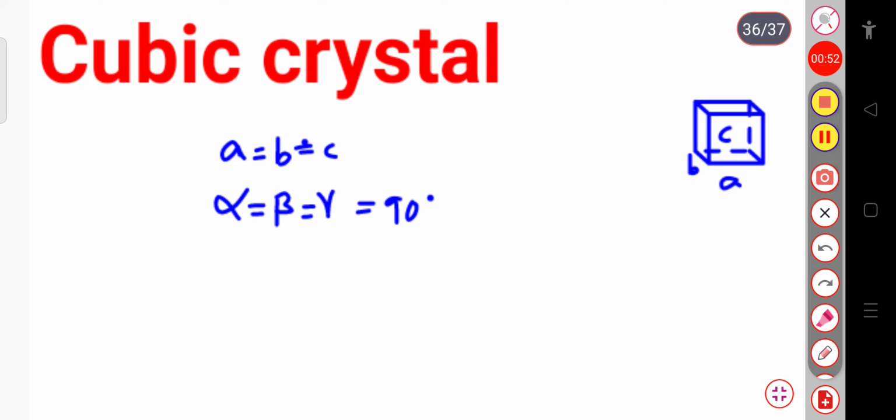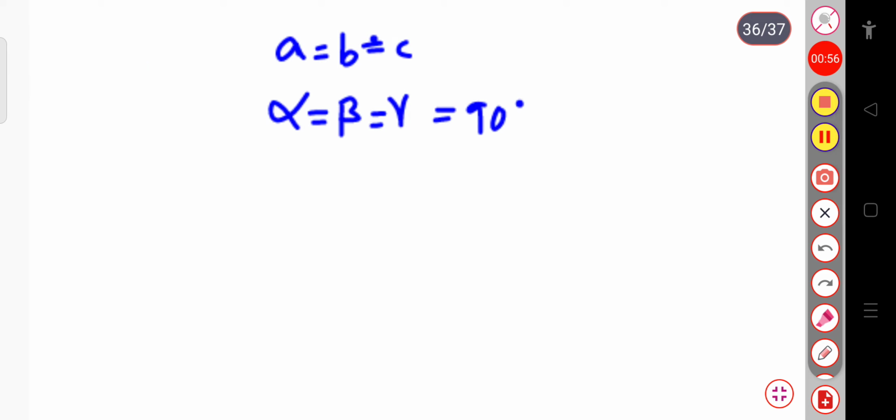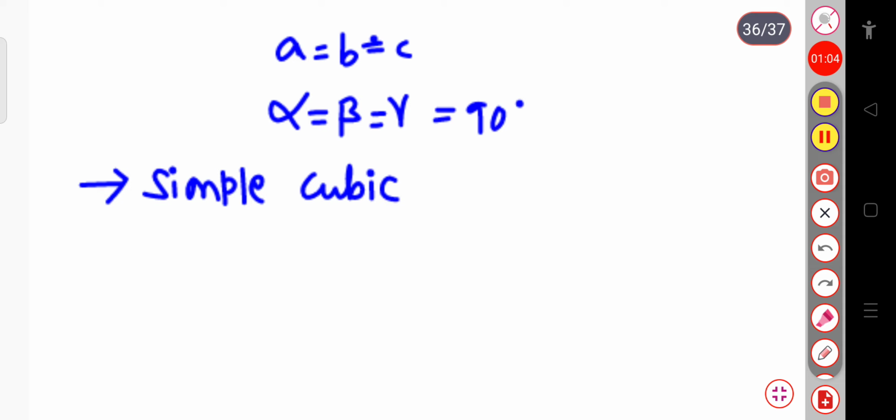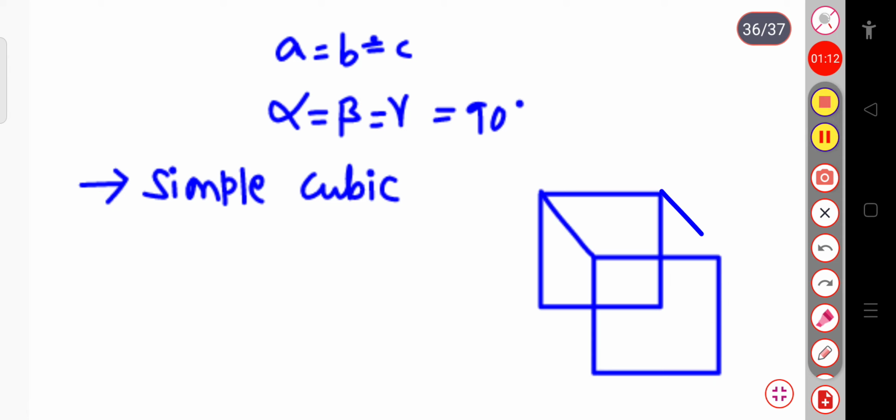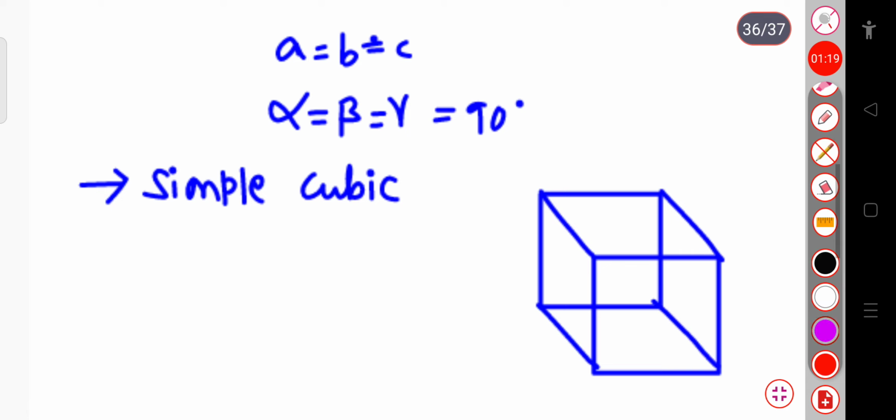Now this cubic crystal is divided into three types. The first is the simple cubic crystal. In a simple cubic crystal, only the corner atoms are present. Suppose here I am drawing a simple cubic crystal. This is my simple cubic crystal, a cubic crystal having only the corner atoms present.